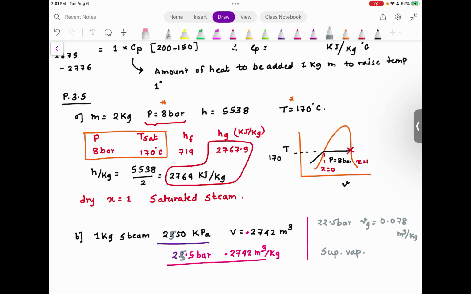So what you need to do is to locate this point on the Mollier diagram. You have to find out the density. Density is 1 divided by 0.078. And then find out the point which is 25.5 bar and this density. And you would notice that would be in the superheated region. What is this density?